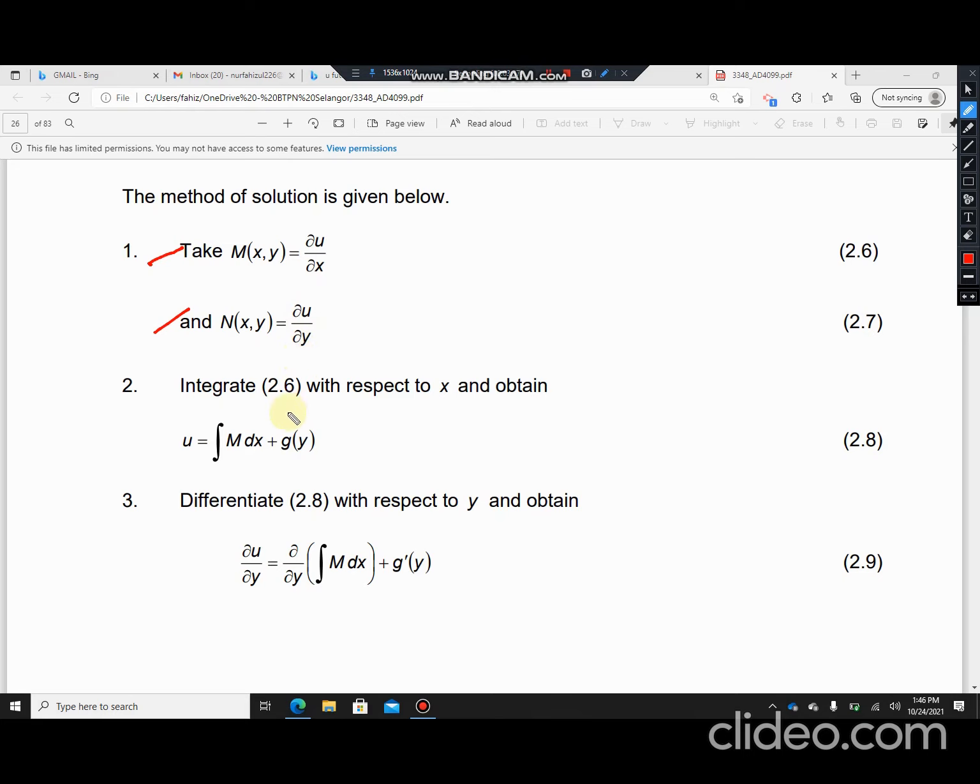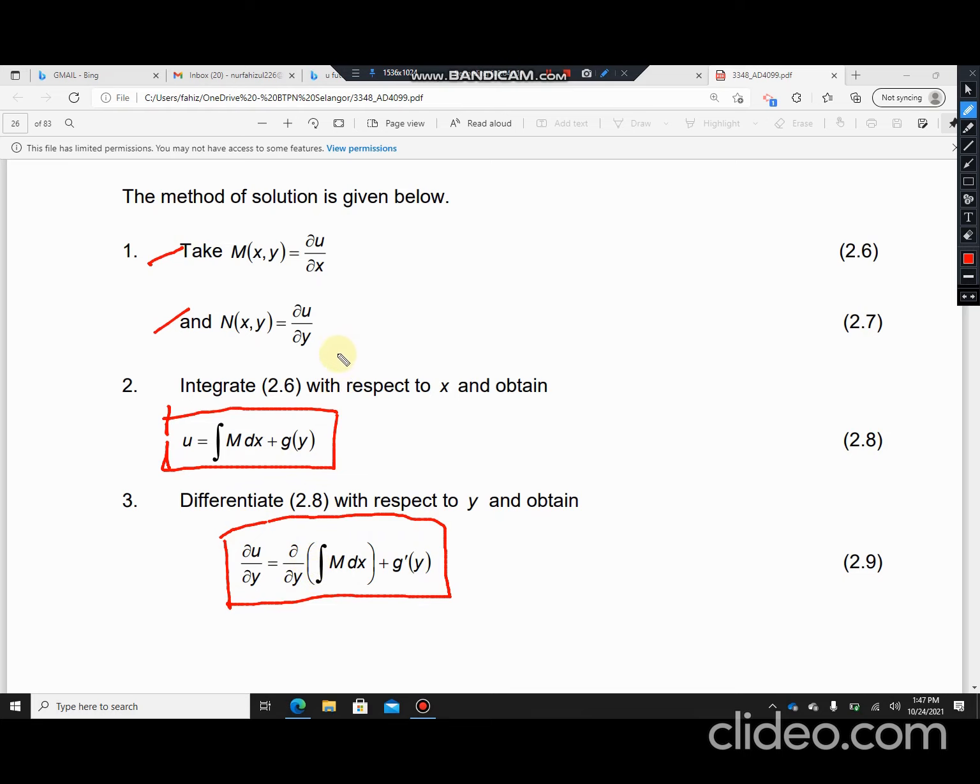Second one, integrate 2.6 with respect to x and obtain, awak akan dapat yang ni, u equals to integration of M dx plus g(y), and then differentiate 2.8 with respect to y and obtain. Nanti saya tunjukkanlah macam mana by example, macam mana nak gunakan this method. So awak akan follow this step untuk solvekan exact differential equation.